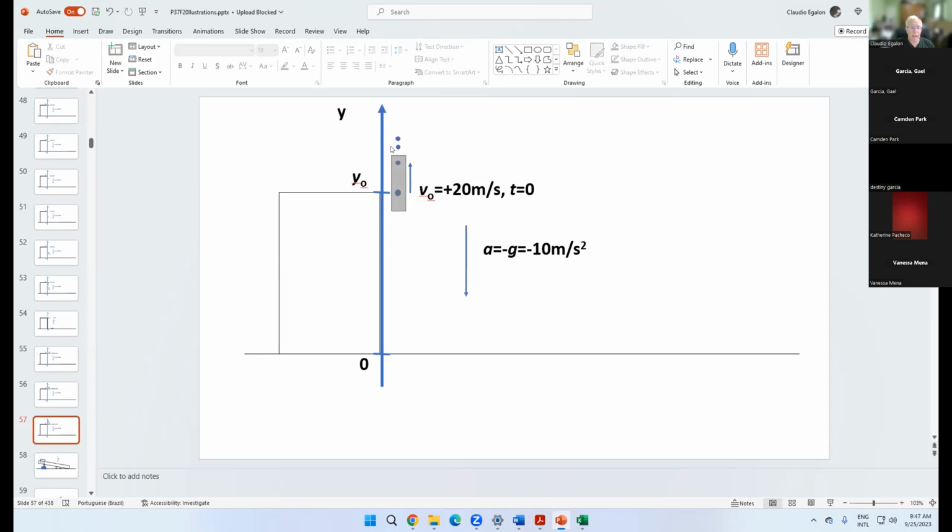And it's going to fall back in the same way that it went up. I'm just putting this one to the right. This one here is like that. Right? And then finally, it will keep on moving downwards since it's 20 meters per second, right?